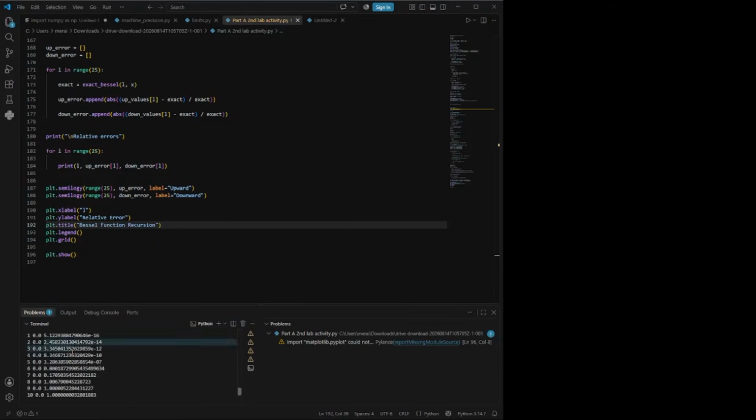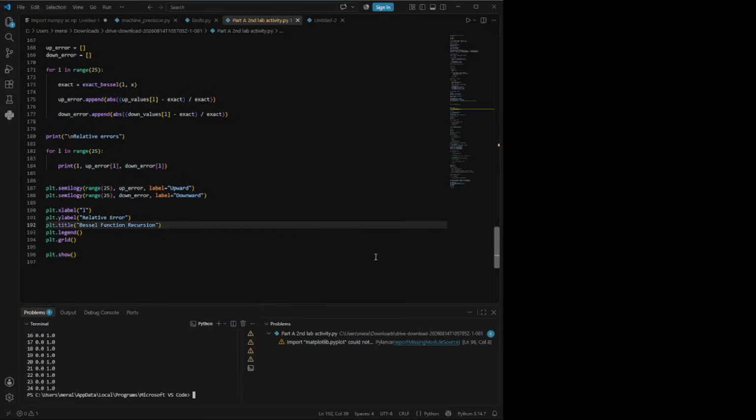Then my relative errors, as you can see, this one. In conclusion, this activity showed me that numerical errors can happen even when the mathematics and formulas are correct. First, in part A, I learned about subtractive cancellation and how reformulating an equation can reduce the loss of precision.